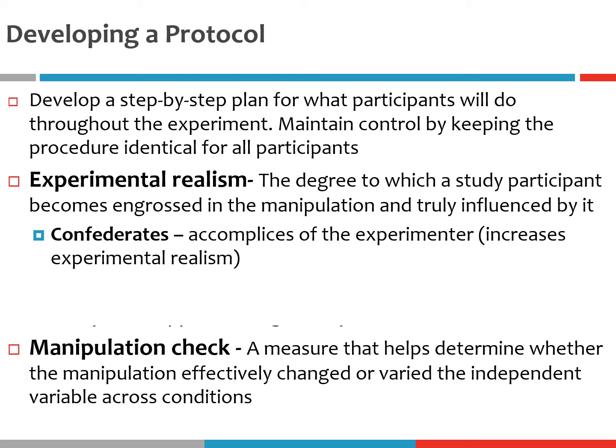That you would ask a question to see if the actual independent variable is having an influence. So it's something other than the dependent variable that you can check each participant for to make sure that the independent variable is being effectively manipulated. So in my study, I was looking at meditation and its effect on stress and anxiety and depression.